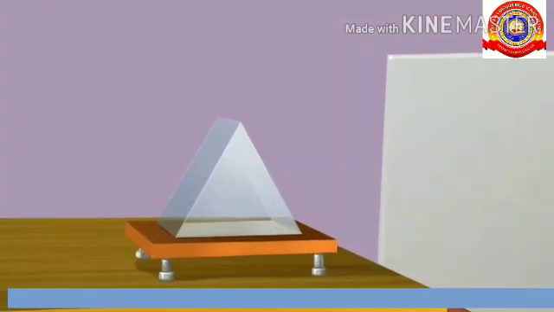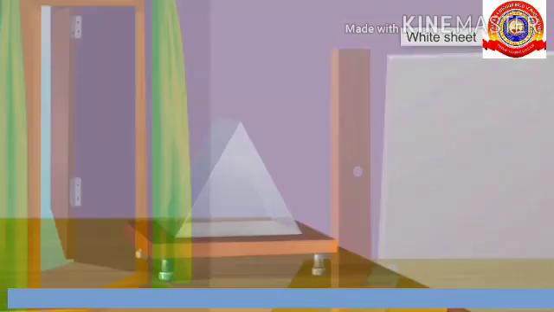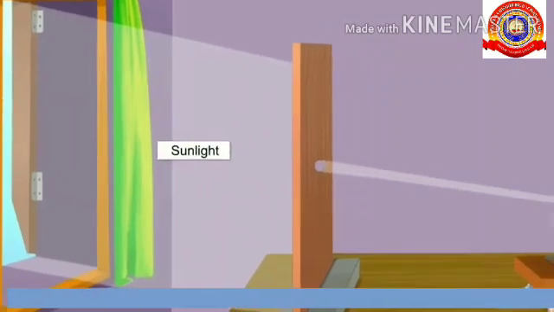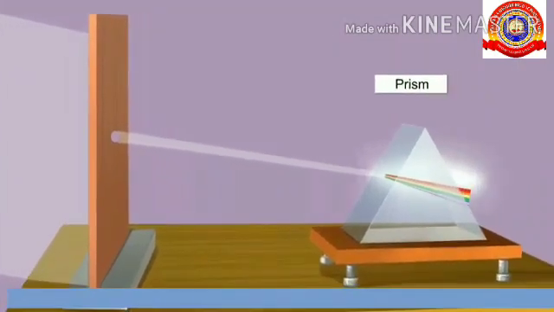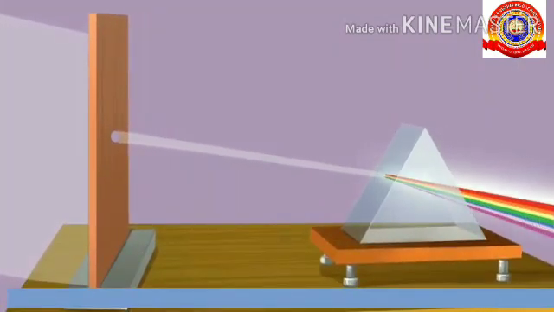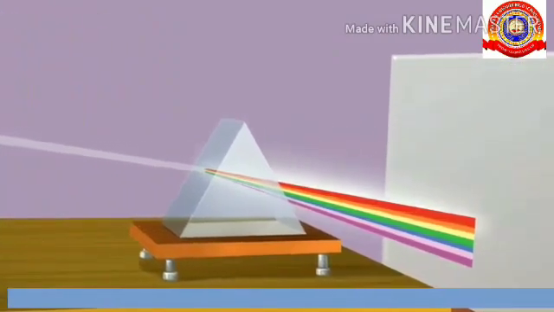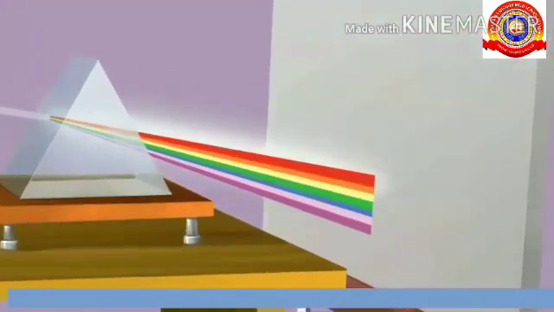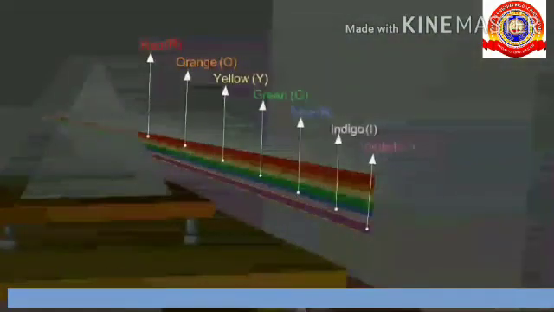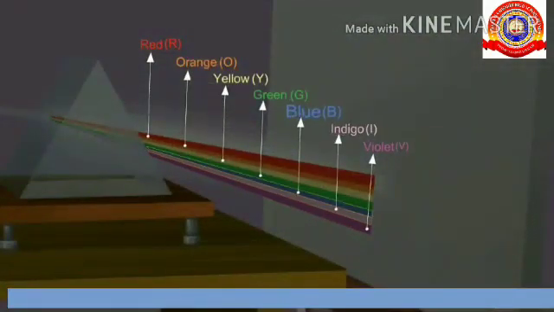At the other end of the prism, fix a white sheet. As the sunlight passes through the prism, you will observe a beautiful band of colors appearing on the white sheet. The colors are in the order violet, indigo, blue, green, yellow, orange, and red.